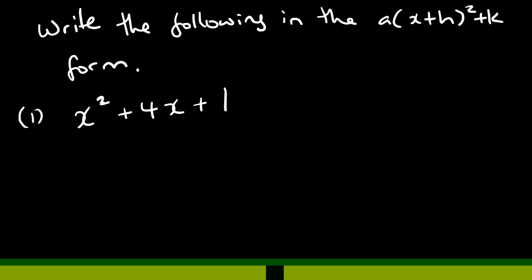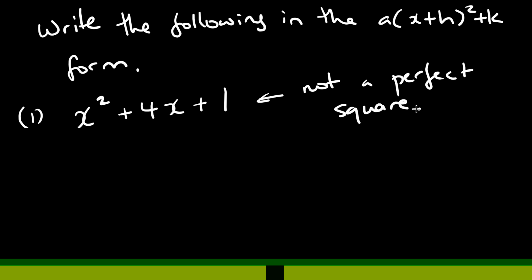And this works the way that we've been doing it, finding the perfect square, given that our coefficient of x squared, which is a, is 1. It has to be 1 for this to be done the way that we're doing it. So when I have x squared plus 4x plus 1, we can look at this, and our first inclination said that is not a perfect square.